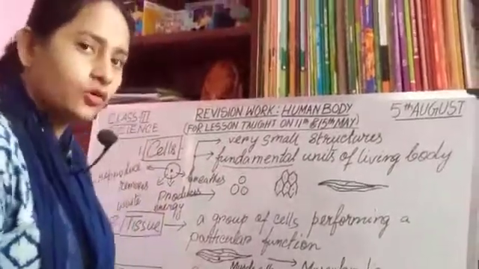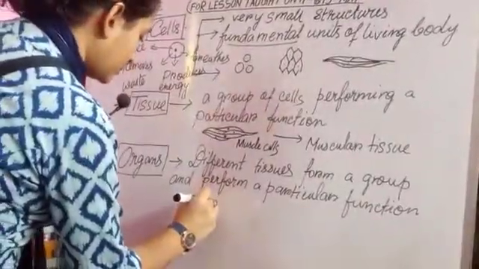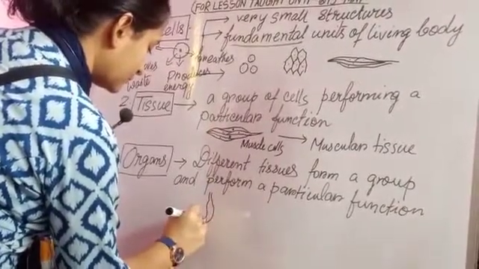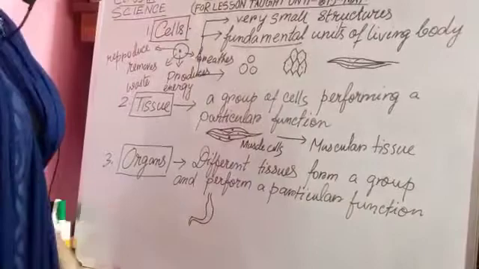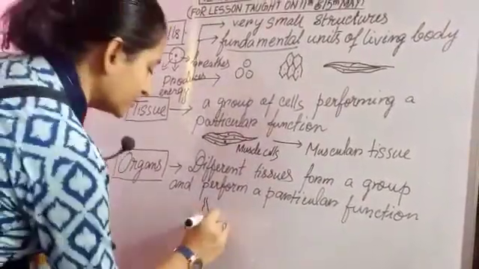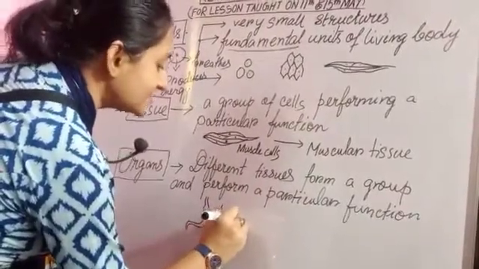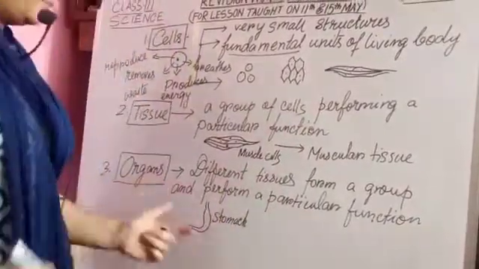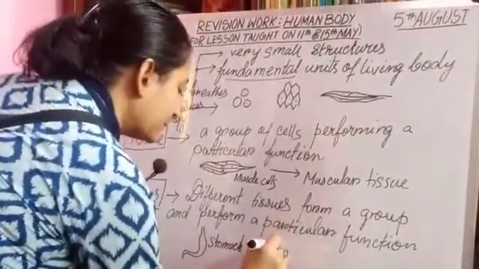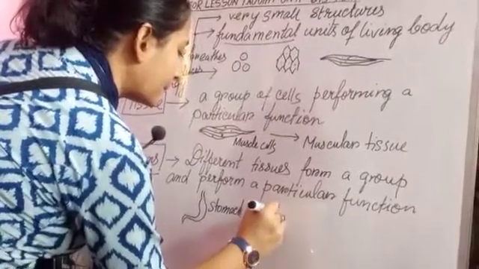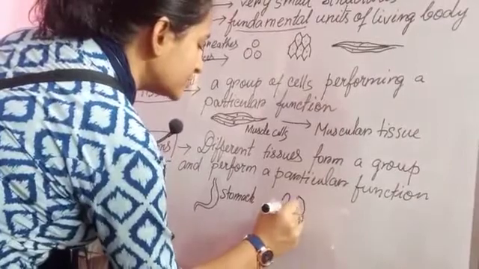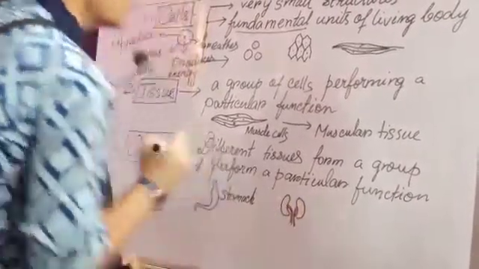Some examples of organs are, look at this figure, children. Can you identify this figure? Many tissues have joined to form this organ, which is known as our stomach. And this stomach helps us in digesting our food, right? Similarly, look at this figure, children. What is this?